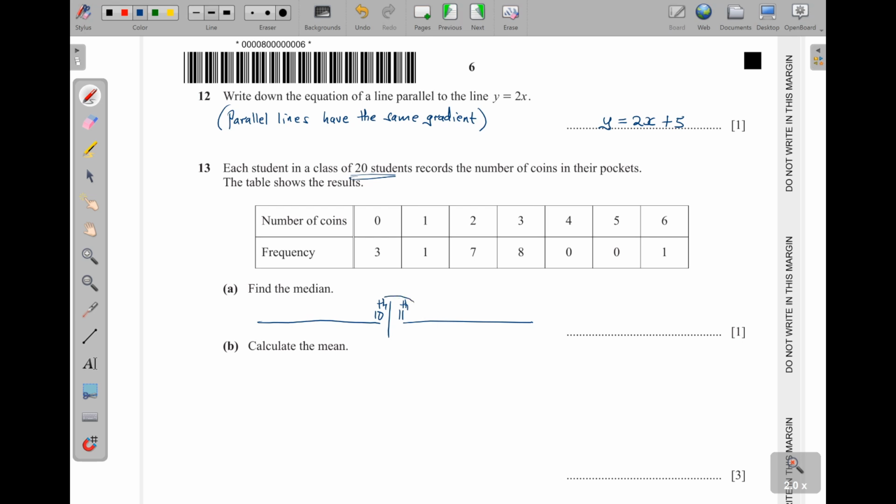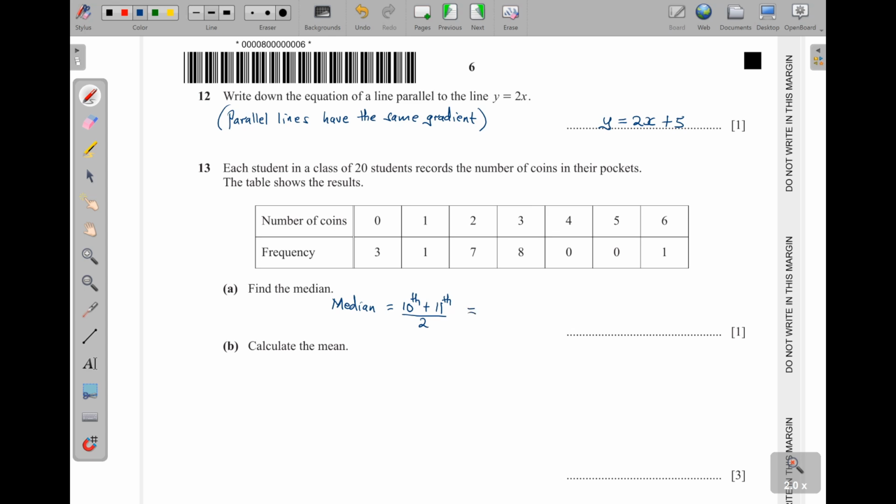So the 10th and 11th values are the ones that remain in the middle, and then you add them and divide by 2 to get their average. So the median is equal to the 10th value plus the 11th value, then we divide by 2.